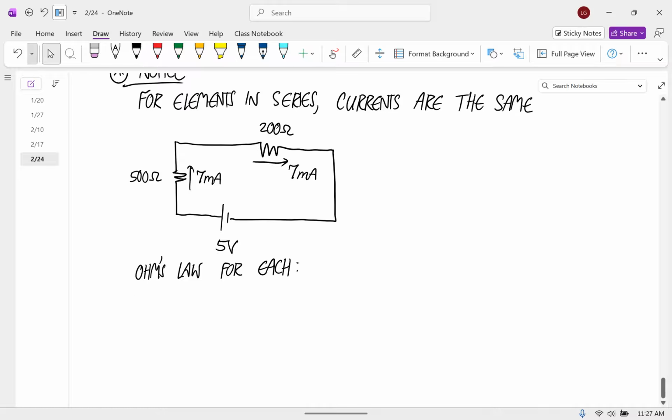We have that the voltage for the 500 is equal to the resistance times 7 milliamps, which is 0.007 in SI units. And so that is about 3.5 volts.